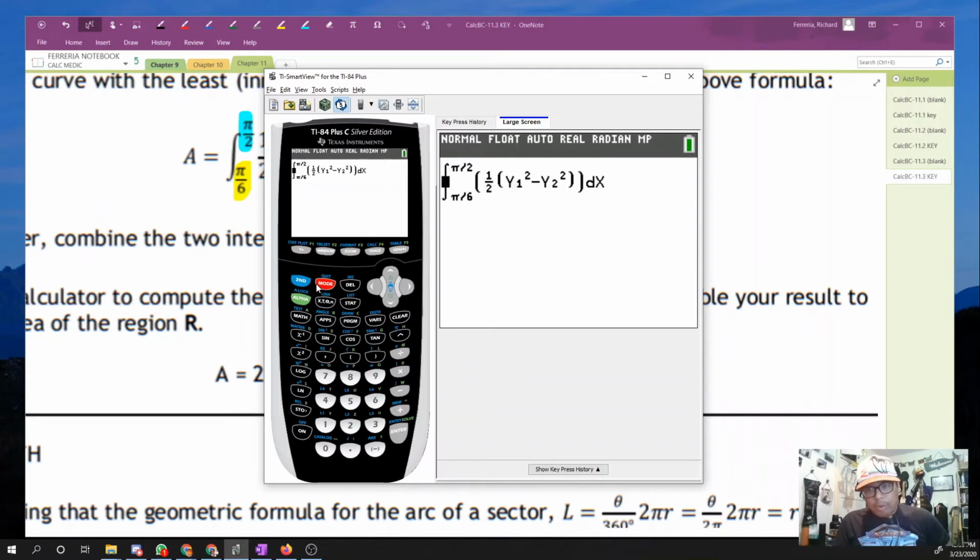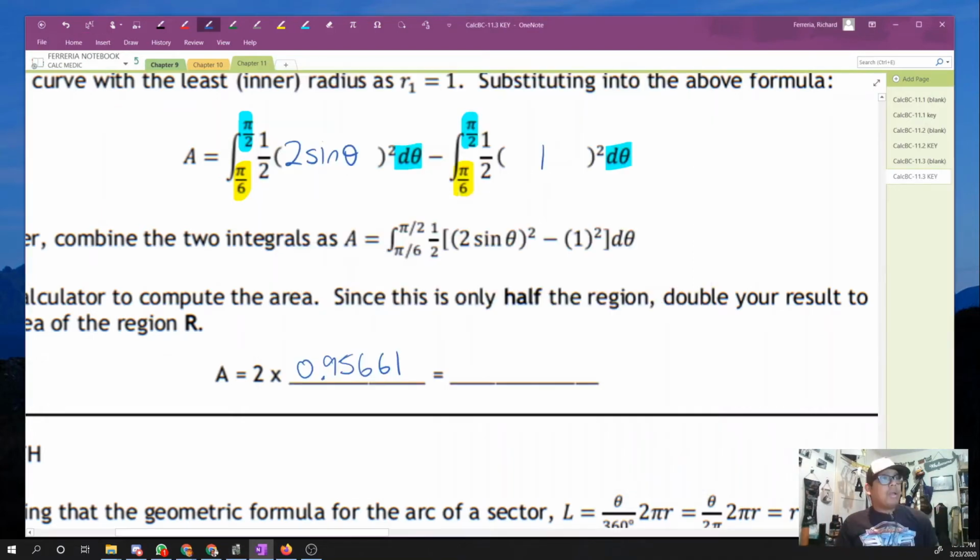Set up your integral from pi over 6 to pi over 2, 1/2 radius 1 squared minus radius 2 squared. Push enter. Okay, and that is the area of half of our crop circle region.